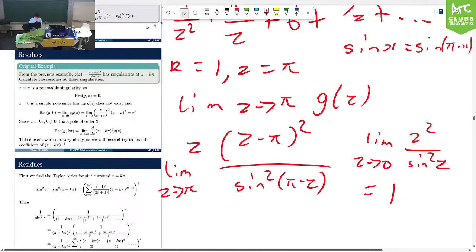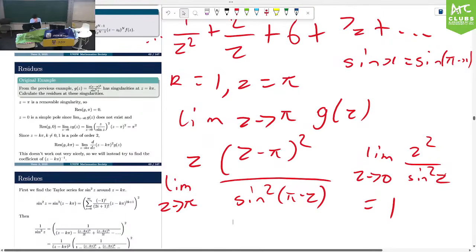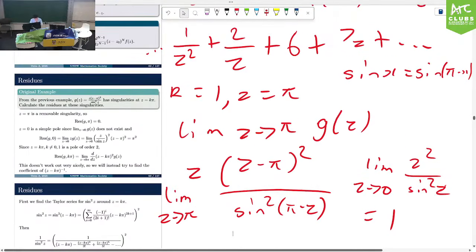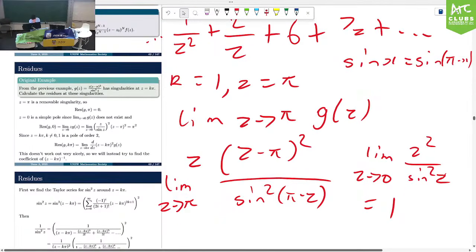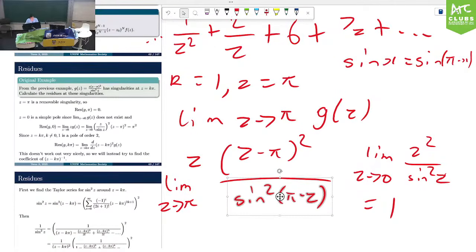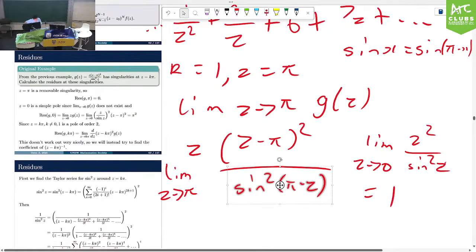But then obviously, okay, it's some algebra stuff. Wait, how's it removable? I thought this thing would go to 0. Let me think about this for a few seconds.